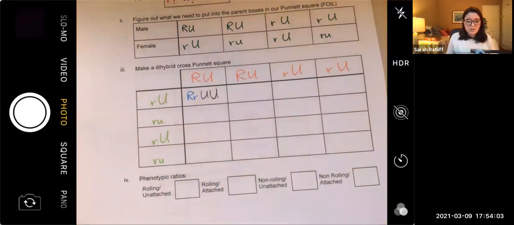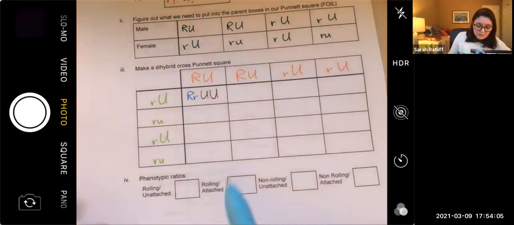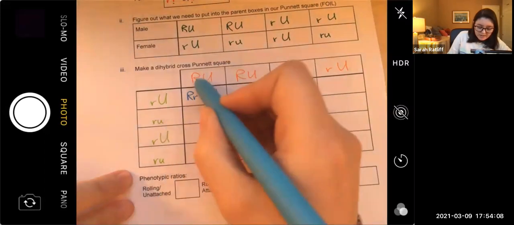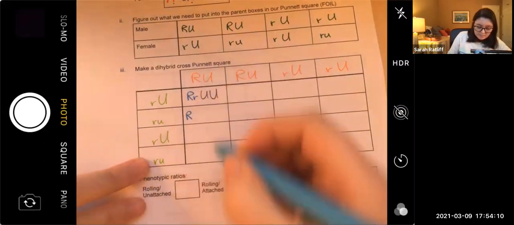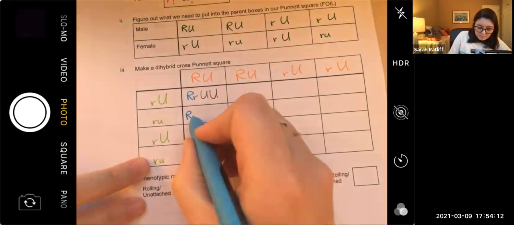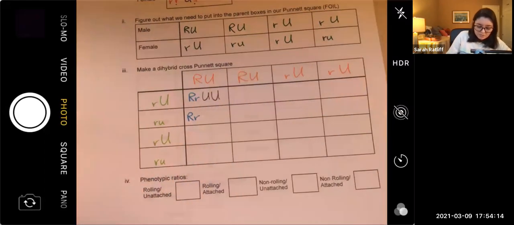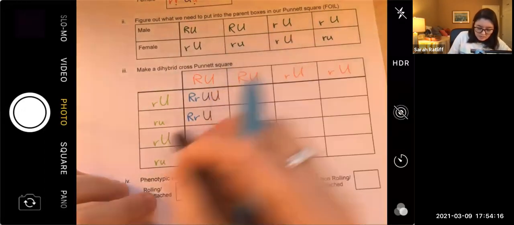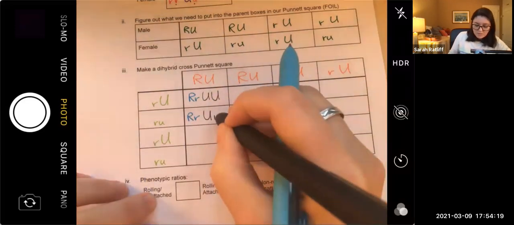Let's just say, since we went across last time, let's go down this time. All right, so we're going to get another big R from dad, a little r from mom, a big U from dad, and a little u from mom.